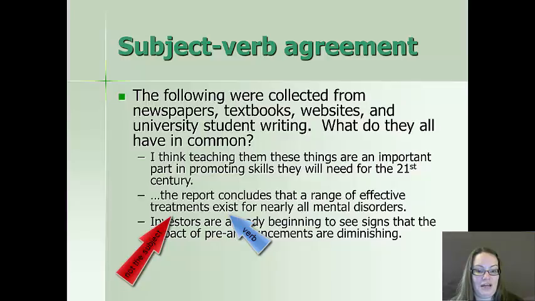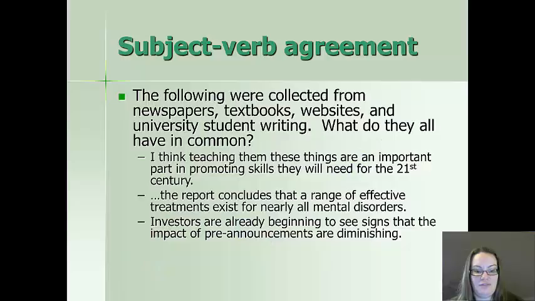The subject is a range. So it should be, the report concludes that a range exists for nearly all mental disorders. It doesn't matter that inside the subject noun phrase we also have an object of a preposition that is closer to the verb. It still needs to agree with the subject.